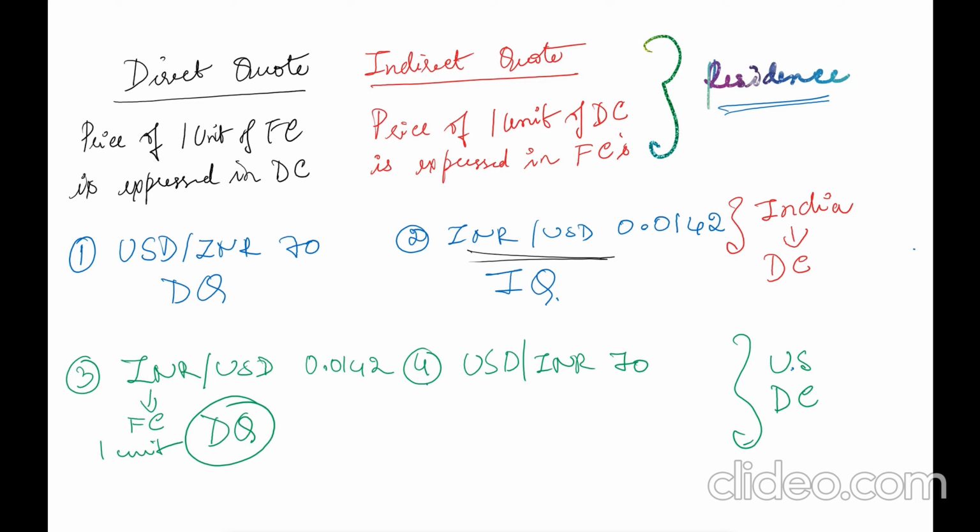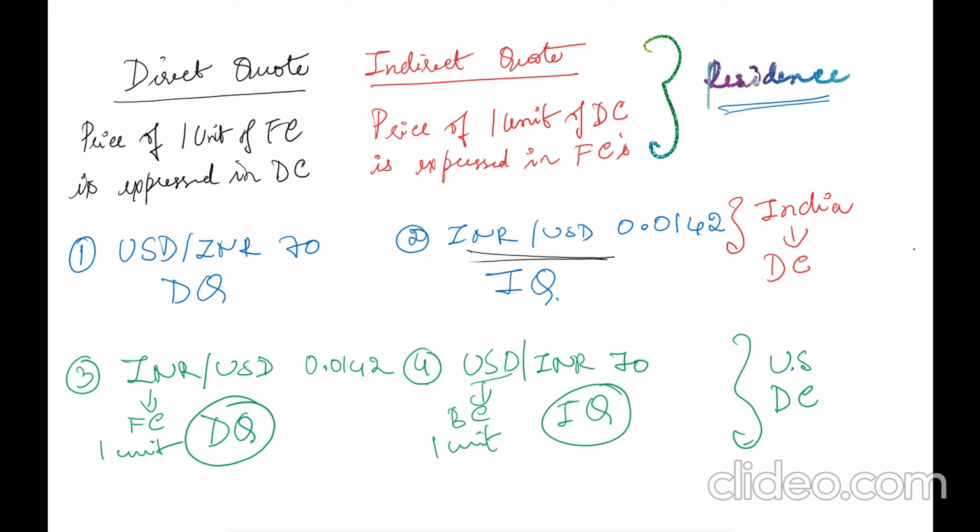Let's come to the fourth quote, USD INR 70. USD is our domestic currency. It is in the base position, so it is 1 unit. 1 unit of domestic currency expressed in foreign currency, which is INRs here, makes the forex quote an indirect quote. Therefore, USD INR becomes an indirect quote.